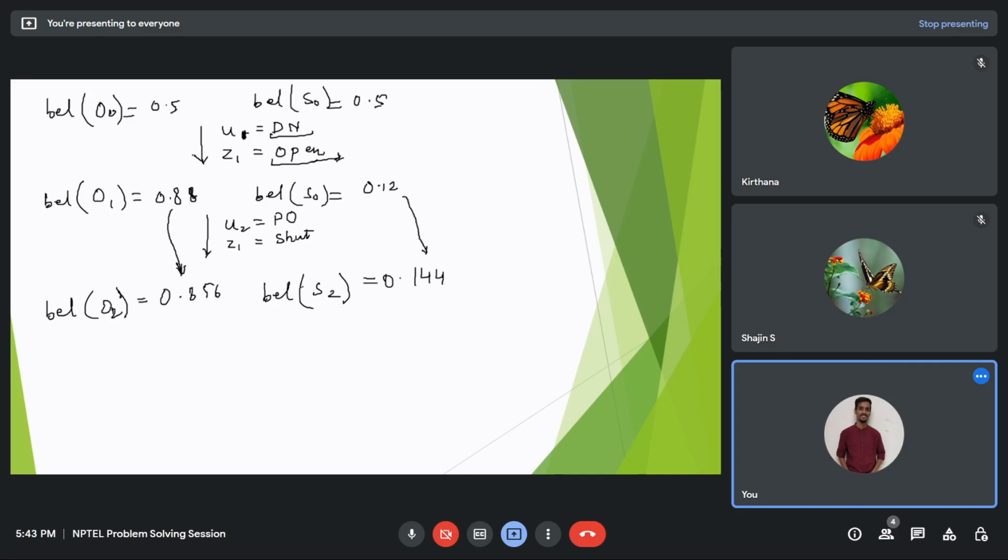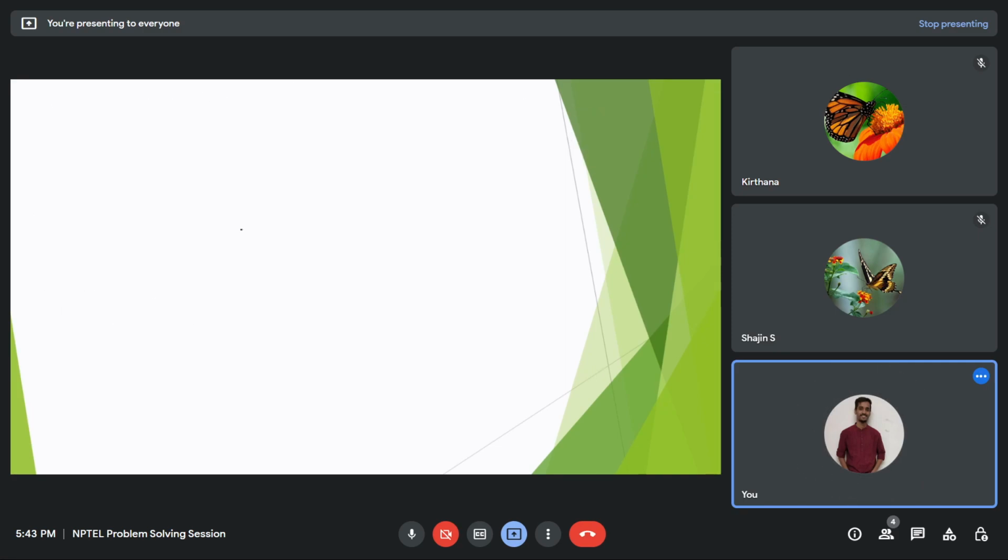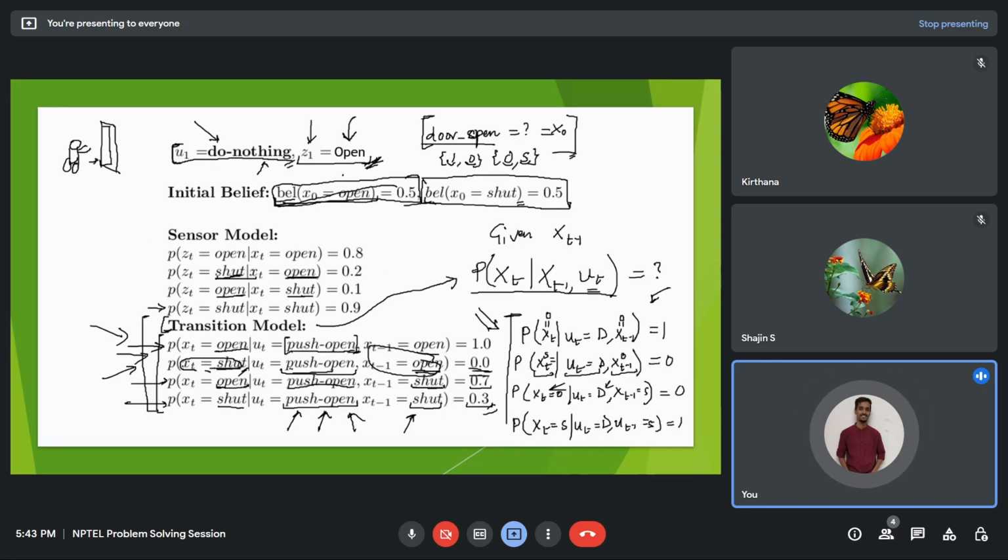Why? Because in your models, your model makes sure that if the robot tries to push it open, then it will open the door. There is a very high probability in both cases, even if it was initially open or initially shut.